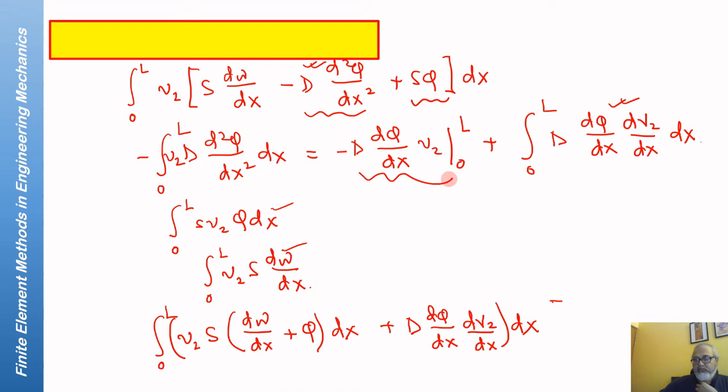This is the boundary term, d phi/dx v2 from 0 to L.